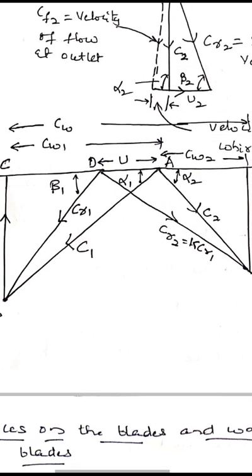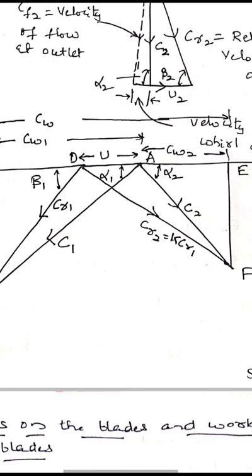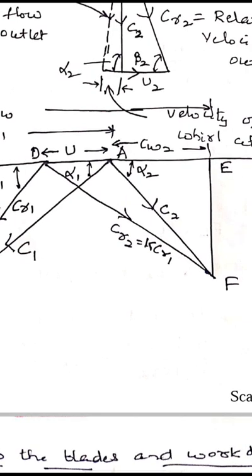Now, if K is the blade velocity coefficient, CR2 will be equal to K into CR1. If the blades are equiangular or symmetrical blades, beta 2 should be equal to beta 1, and at D draw a line DF at an angle beta 2 equal to beta 1 and mark DF equal to CR2, equal to K into CR1.